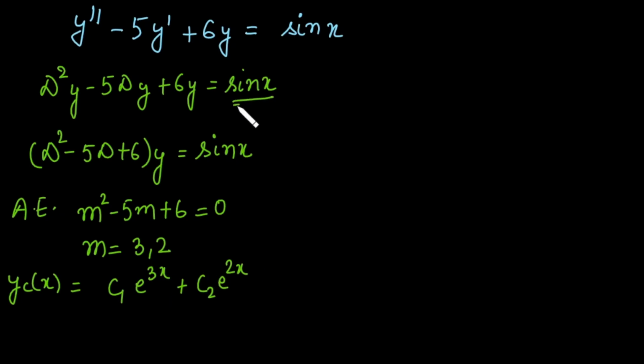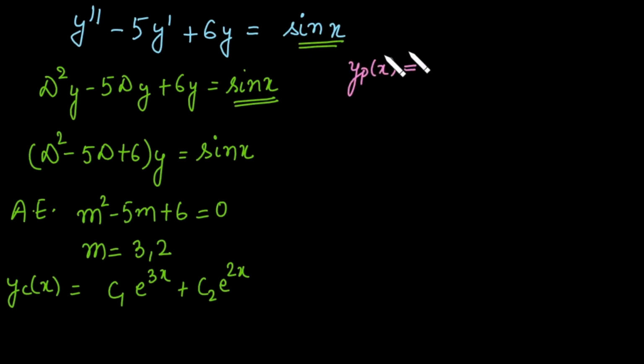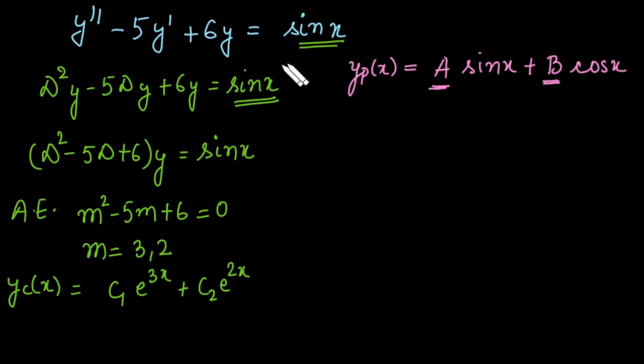For the non-homogeneous function, that is the sine x, the particular integral is of the form some constant into sine of x plus some constant into cos of x. So we need to determine the values of a and b in this case. So find its first order derivative with respect to x.